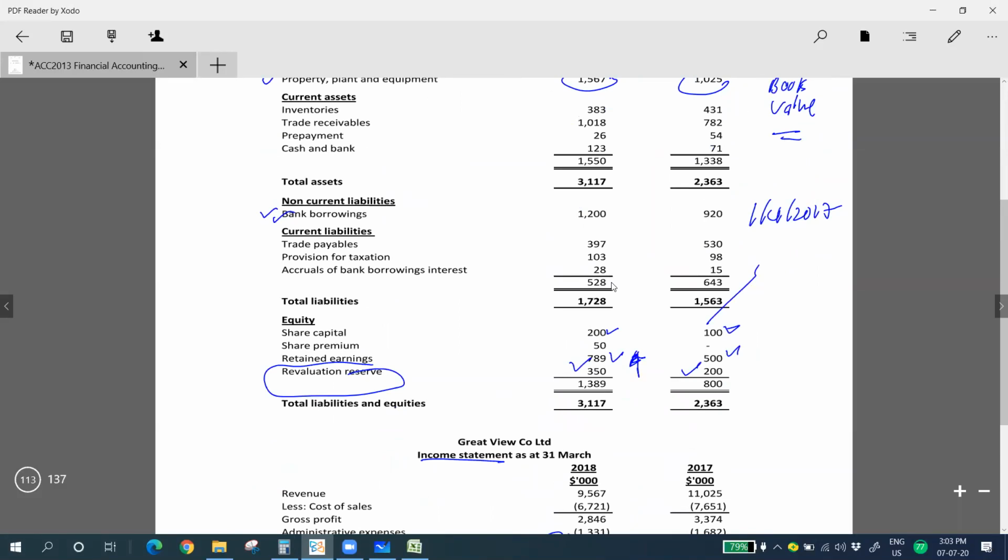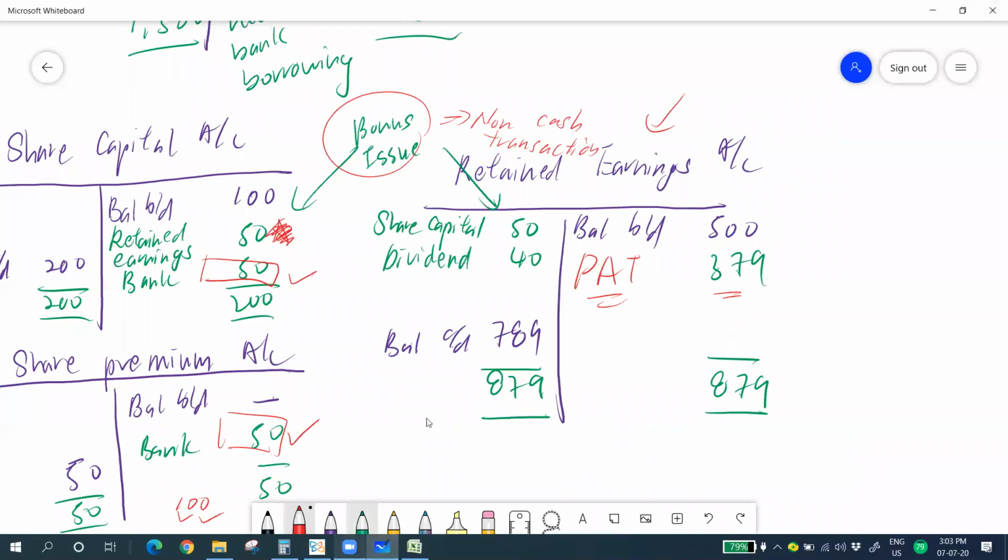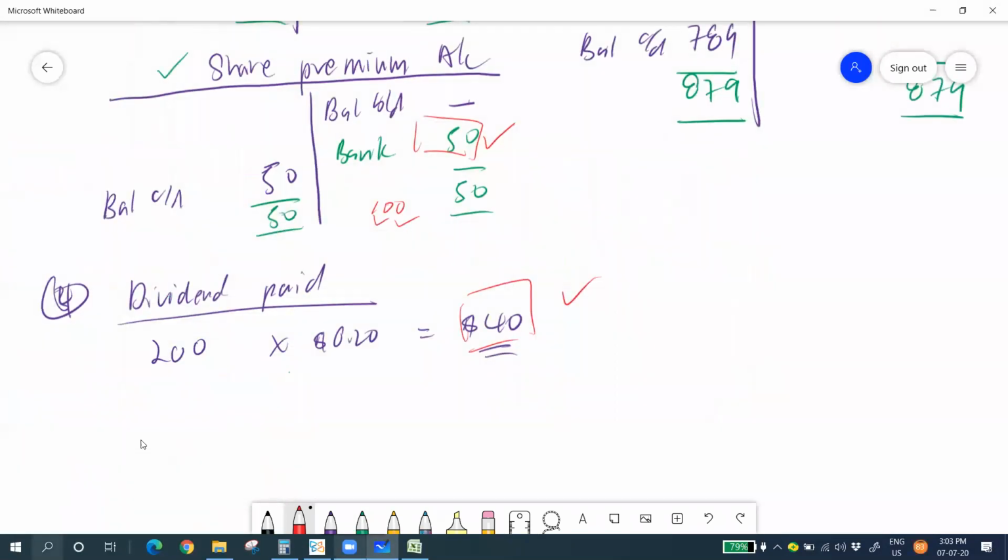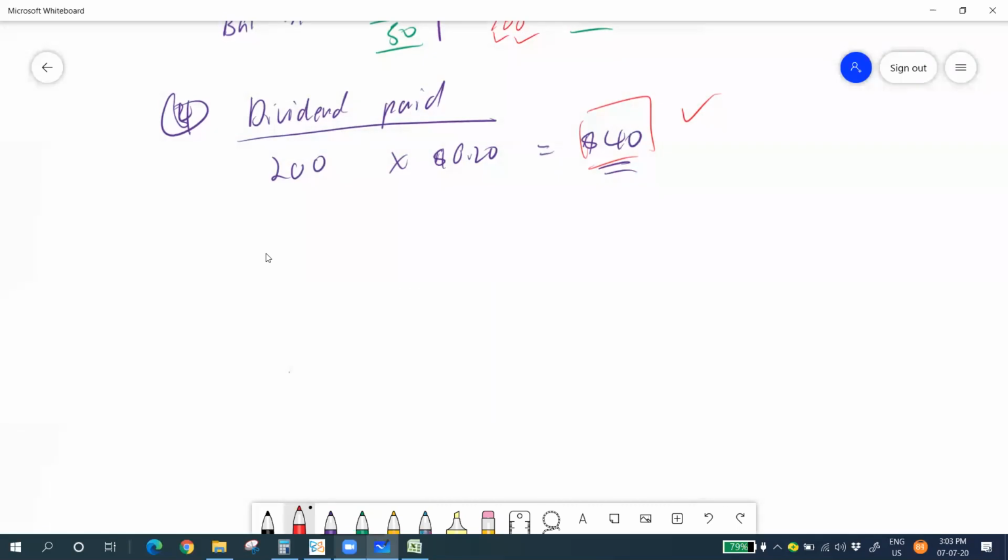All right. We also need to do adjustment for the taxation and interest. So, class, can you do this yourself and tell me the answer?